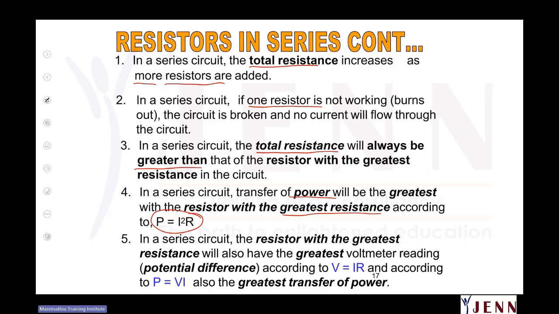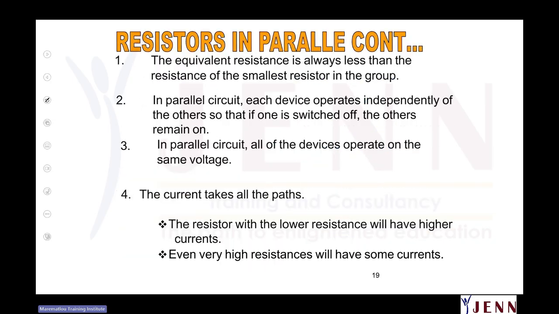And if we look at another formula, it says that the resistor with the greatest resistance will also have the greatest voltmeter reading. It will have the highest potential difference, according to Ohm's law. And because of that, it will also have the biggest power. It will have the highest power of the circuit. That is for series connections.